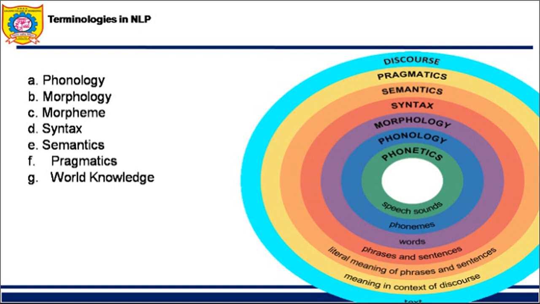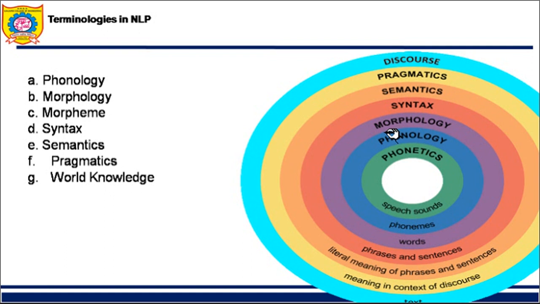Every letter or alphabet has a certain sound, and that sound we call a phoneme. The study of these phonemes is called phonology, and speech sounds we call phonetics. The study of how humans make and perceive sounds is called phonetics, and the study of organizing these sounds, where you study phonemes, is called phonology. I hope it is clear.